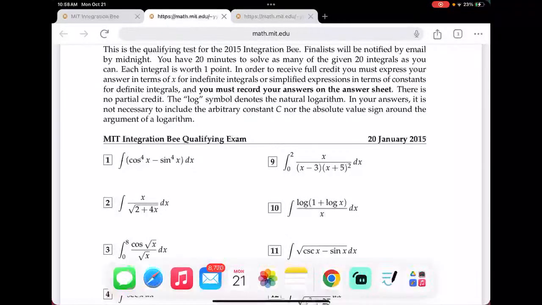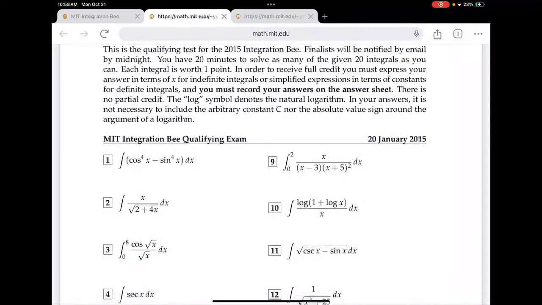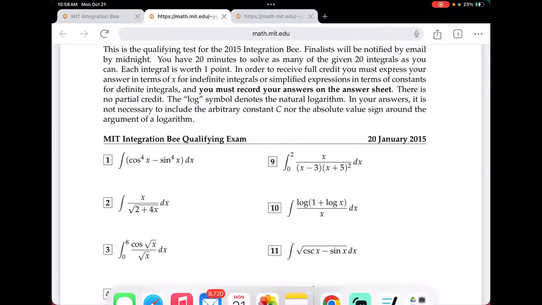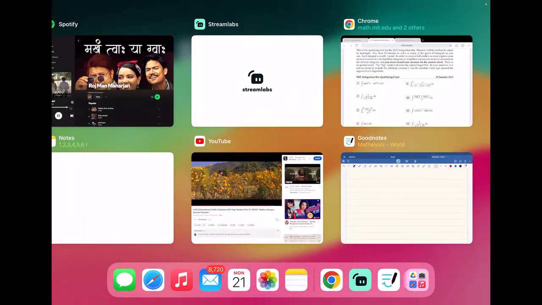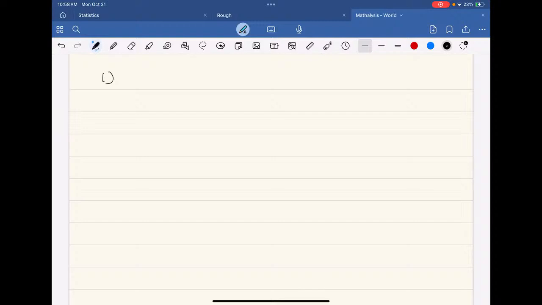Okay, let's begin. First problem is the integral of cos to the power 4 x minus sine to the power 4 x dx, right? So how do you think we're going to approach this integral? For me, factorizing would be the best option.